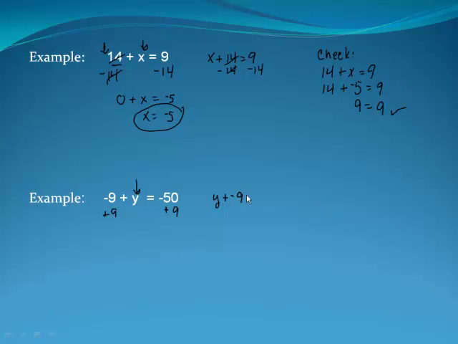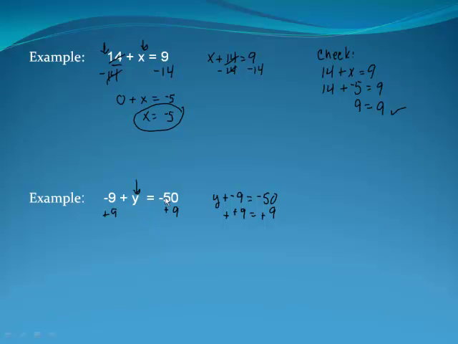Negative 9 plus y is the same as y plus negative 9, if you want to change the order there, is equal to negative 50. Here, adding a negative 9 is the same as subtracting negative 9, which is kind of awkward. But remember, subtracting a negative is the same as adding a positive.